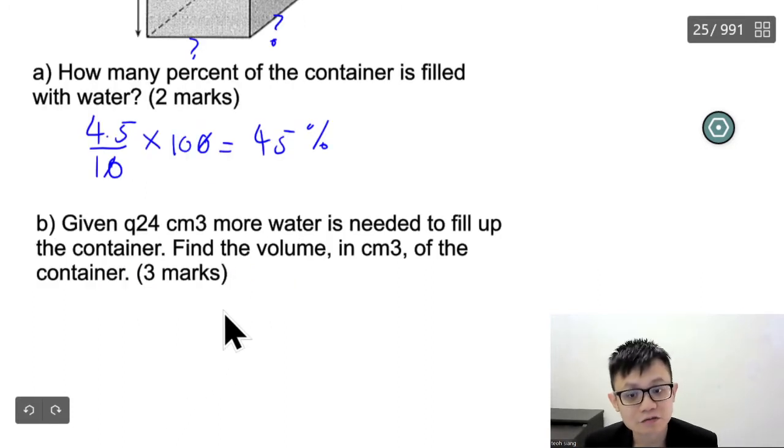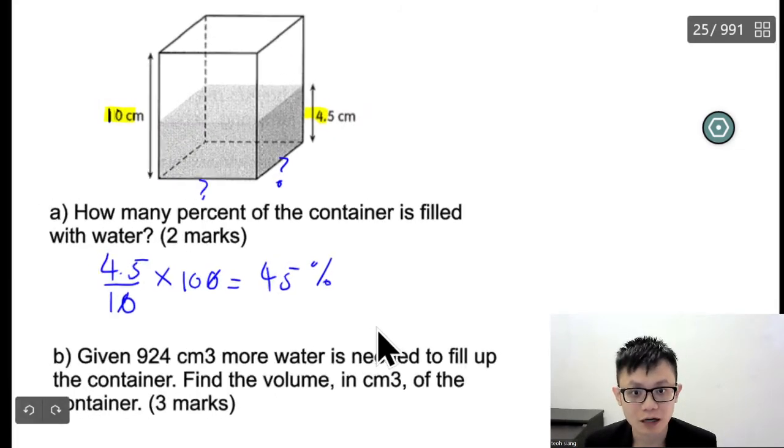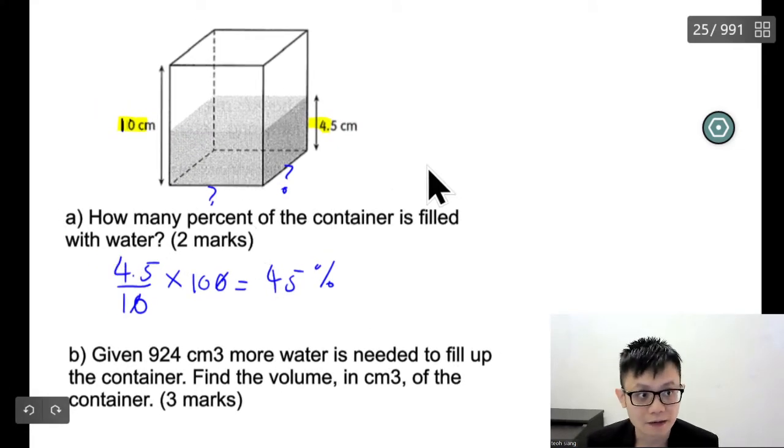Okay, so let's read question B. Given 924 cm cube more water is needed to fill up the container. Find the volume in cm cube of the container. So I go up a bit so that you can see.